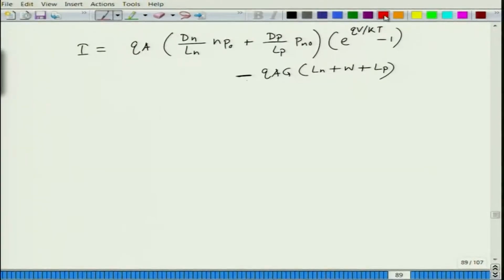So, I again draw your attention to this negative sign. So, in concise form what we can write is I equals I naught e to the power qV by kT minus 1, minus IL.